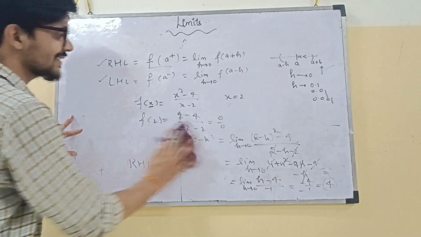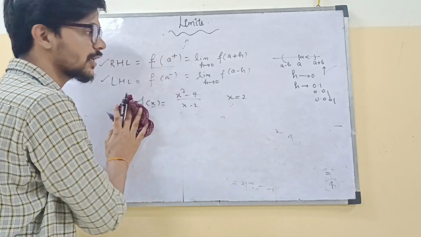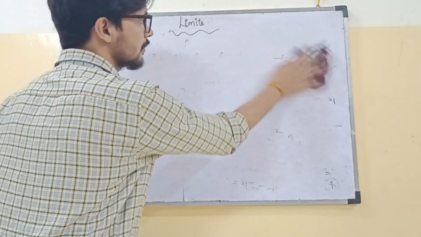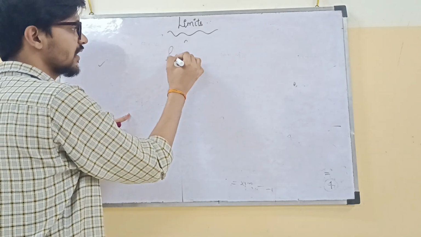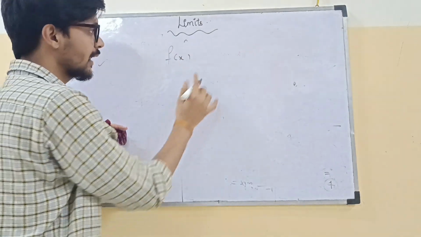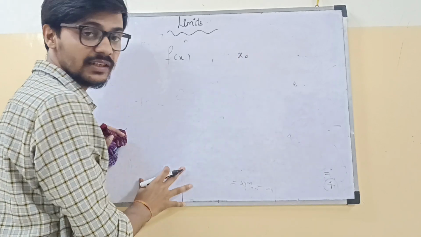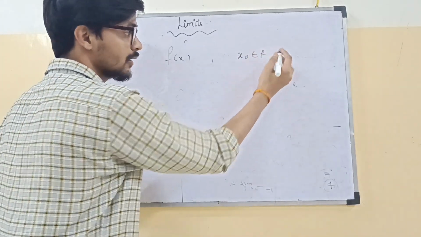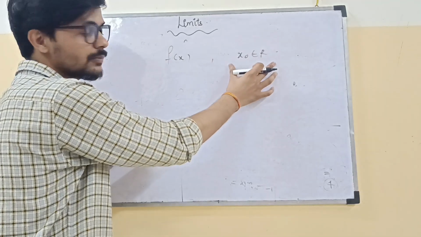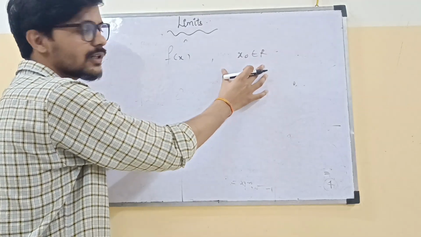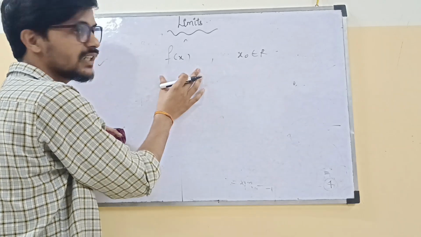So we tried to write this quickly just to make you understand, but the formal definition looks like this: if you have a function f(x), and the function is not defined at some x naught, you need to go near all the values, very near to x naught, and see the nature of it.